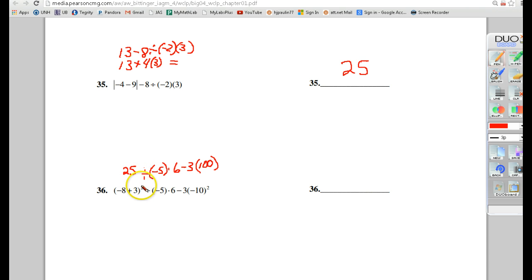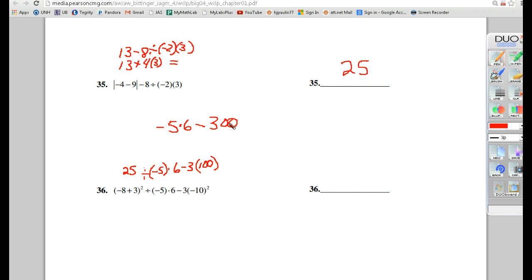Okay, now we've taken care of all our exponents and what's in the parentheses. We're going to do our division. So 25 divided by a negative 5 gives us a negative 5. I'll put that up here. Times 6 minus, since there's a minus, I can put that there as 300 there.